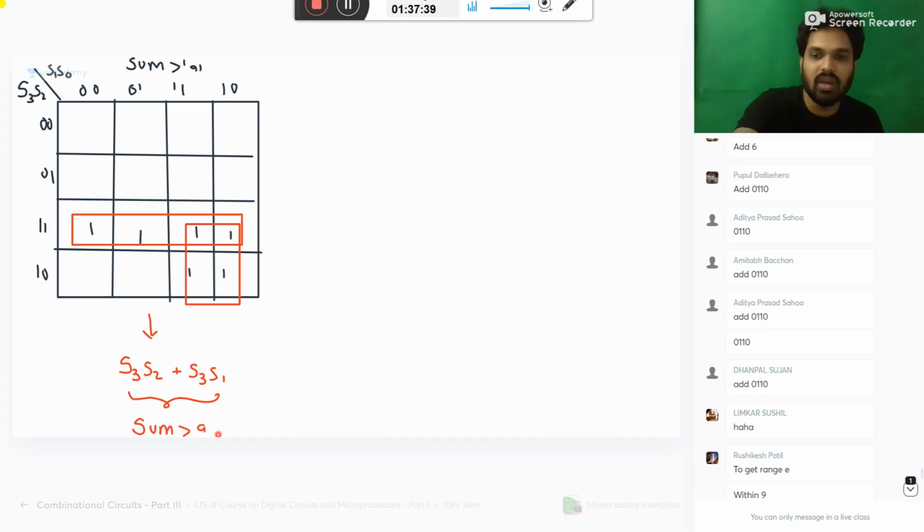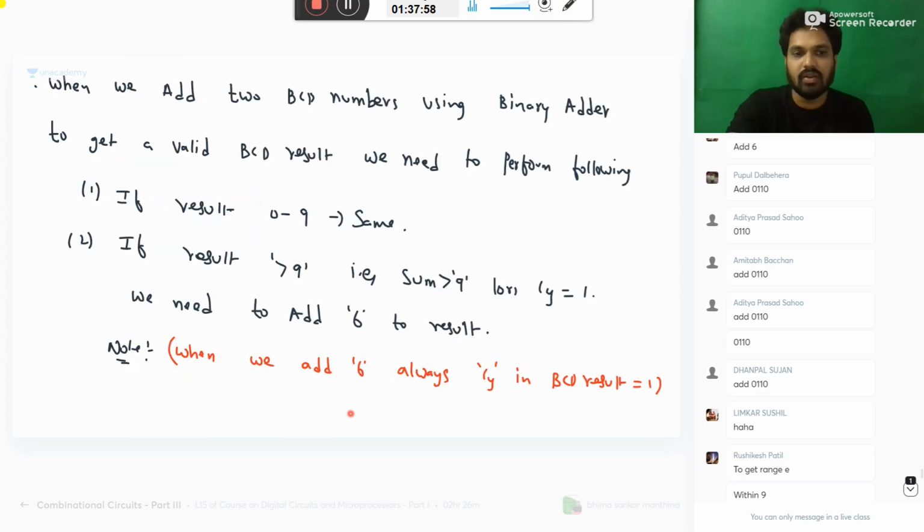Okay. Now I add one more thing. What is that? OR carry equal to 1. OR means plus, if carry equal to 1. In this case, you need to add 6. Is this point clear? See here, when to add 6: what is that?